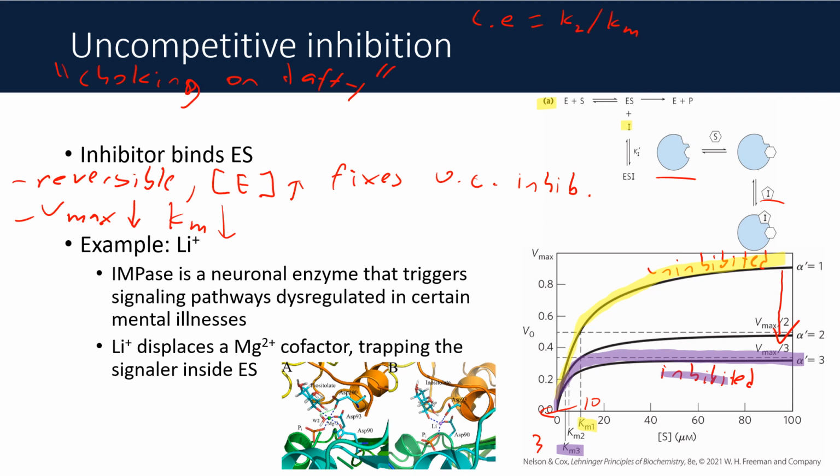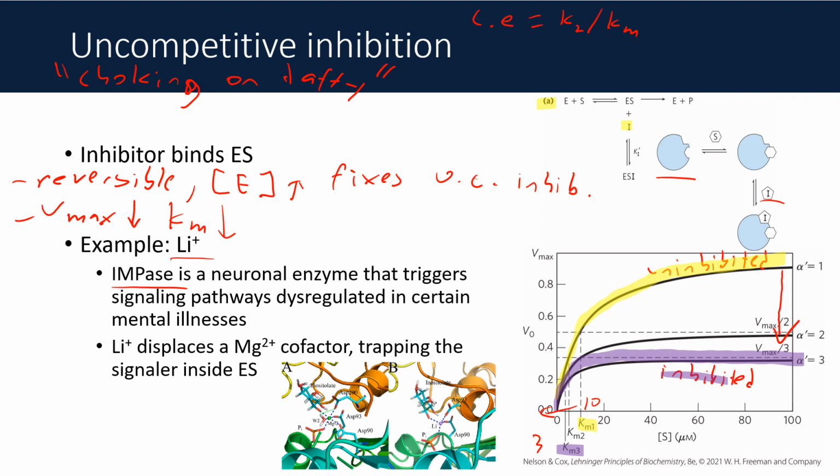Uncompetitive inhibitors are quite rare, but a really good example that I found is lithium. Lithium, you may be aware, is actually a prescribed compound for people with certain mental illnesses. And it's an uncompetitive inhibitor to a certain enzyme called IMPase.